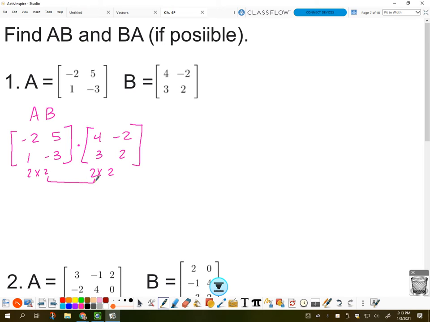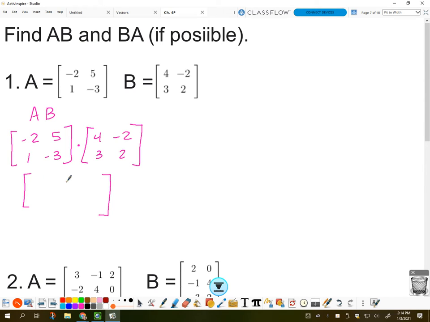Since these match, we know we can multiply, and we should get a 2 by 2 when we're done. I have to erase this. We know we're going to get a 2 by 2, so I need enough room for 4 numbers, but also need to remember that I have to do all that math to get each one.